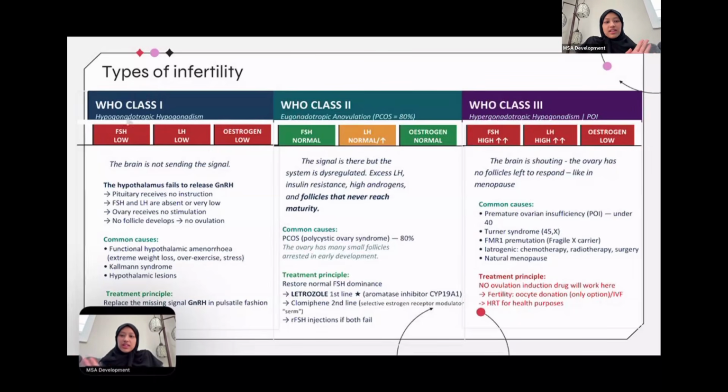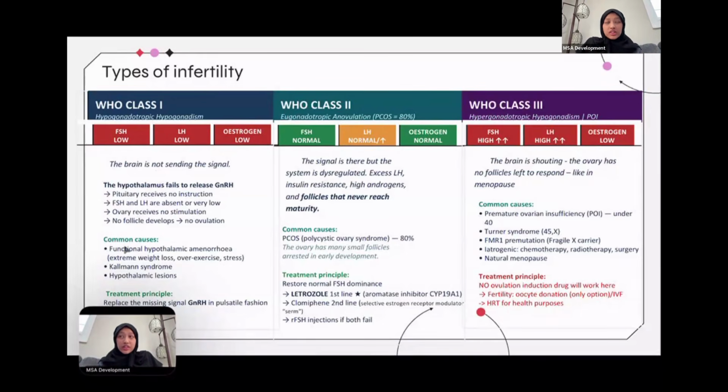So class 1, we said everything is low because the hypothalamus is affected. So hypogonadotropic hypogonadism: low, low, low hormones. The hypothalamus fails to secrete gonadotropin releasing hormone, and then no fertilization, no ovulation, right? What are the common causes?